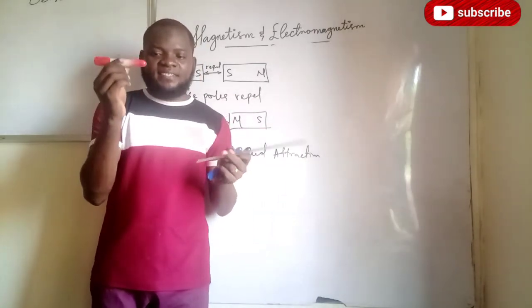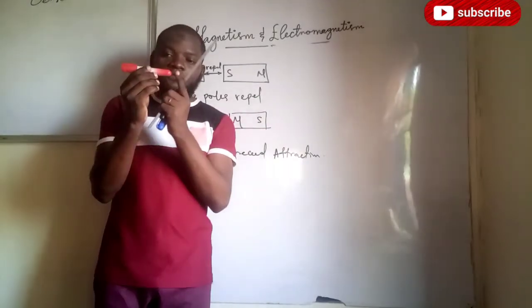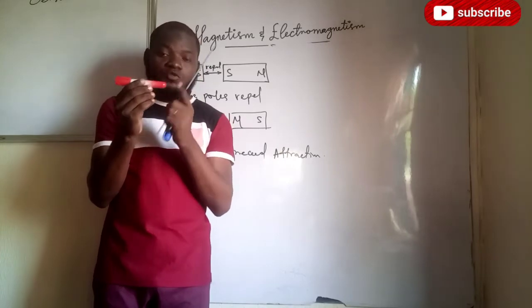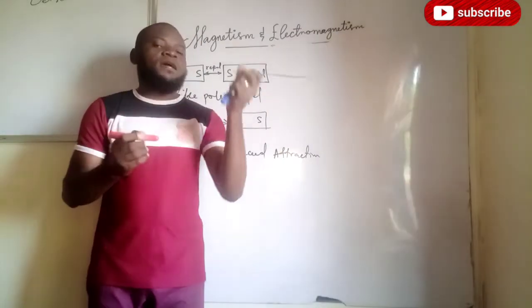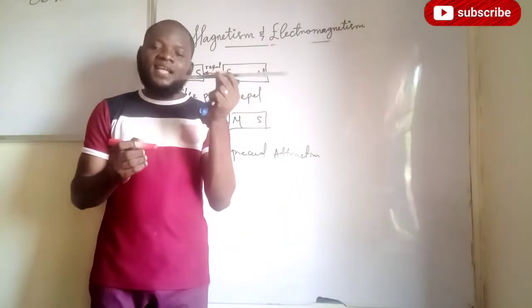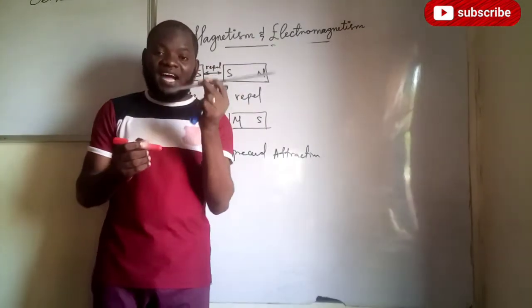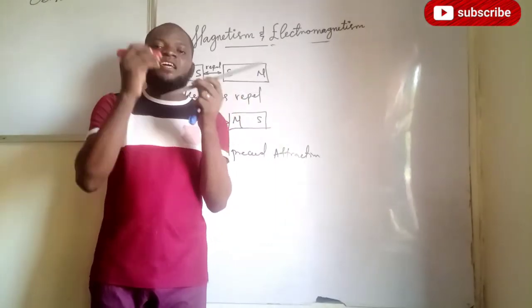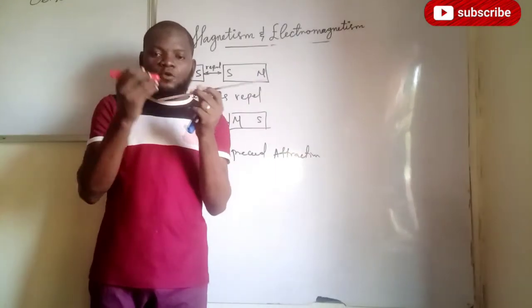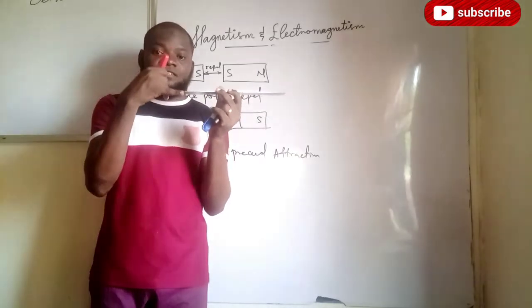I will take it again. This is a magnet, and this is the north pole of that magnet. It can also be south, whichever one, but let's say this is the north pole. Now, this is a magnetic substance, that is, it can be attracted by a magnet. Before this magnet can attract this substance, it must induce an opposite pole on this end.